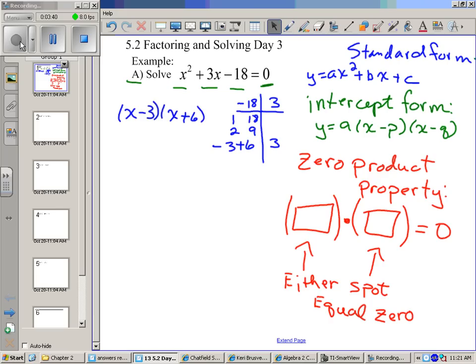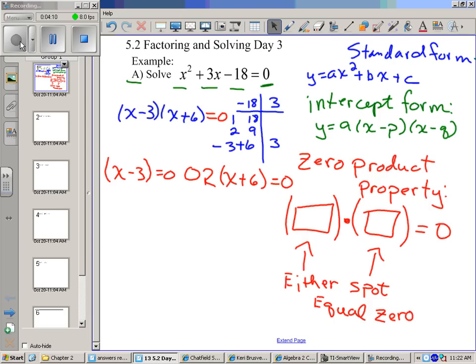But what's different than what we've been doing is it's still equal to 0. At this point, I have to use the zero product property. The zero product property tells me that either of these is equal to 0. So I have to find the possibilities for x. So I'm going to say that x minus 3 is equal to 0, or x plus 6 is equal to 0.